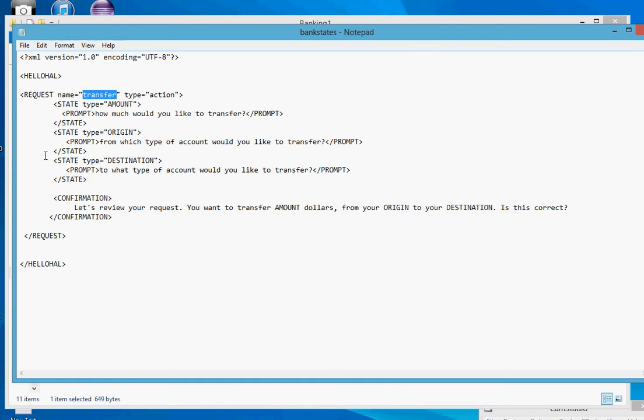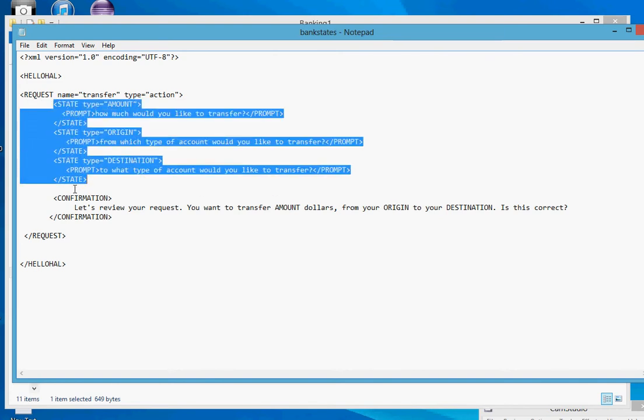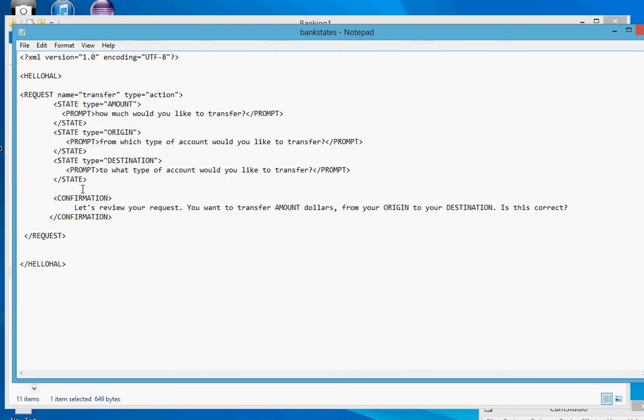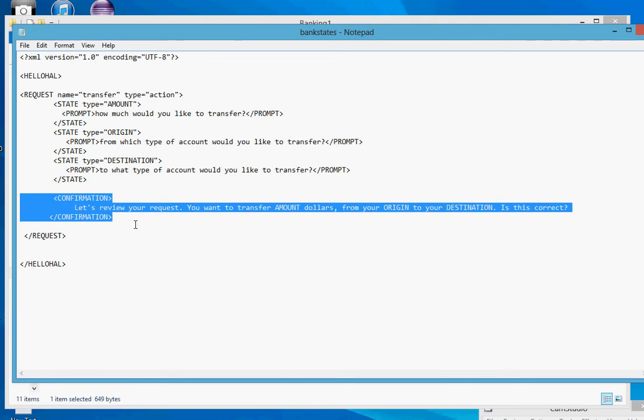The values in this case would be the amount to be transferred, the origin that might be from the savings account, and the destination that might be to the checking account. So when all of these states, when all these values have been captured, then the system knows that the transaction is ready for completion, and then it goes on to the confirmation.